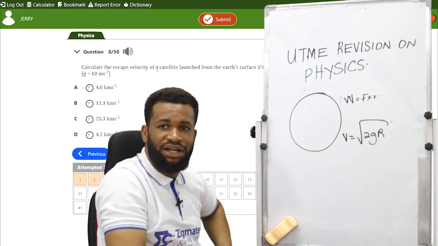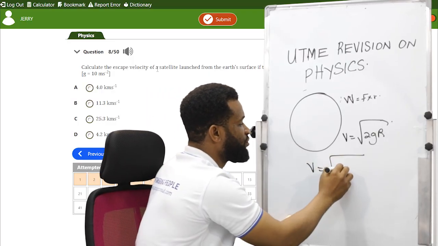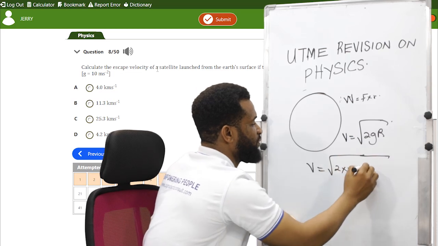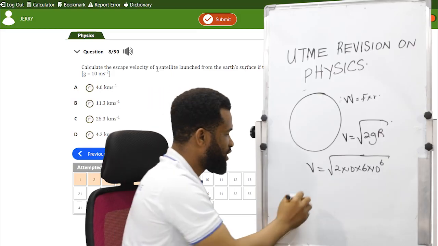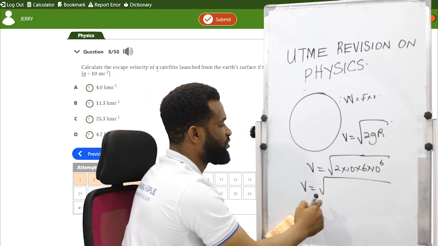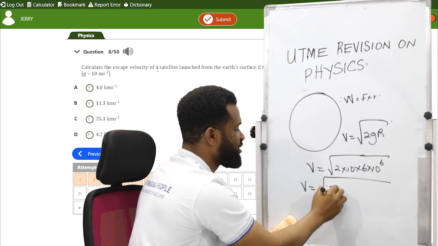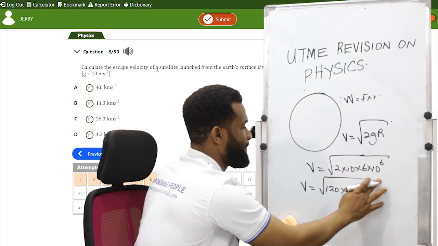So using this formula, we now have that v is equal to the square root of 2 times 10 times 6 times 10 raised to the power 6. And so this is going to be 60 times 2 is 120 times 10 raised to the power 6.